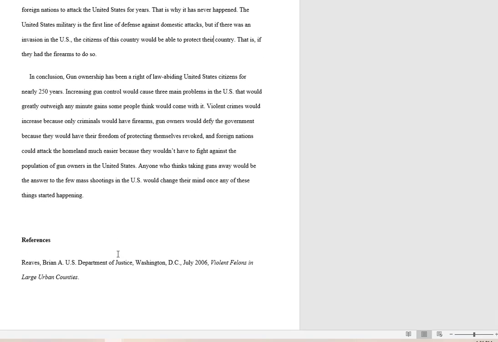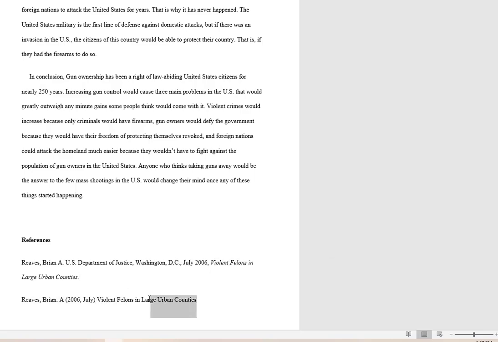Then your references: you put in the author name, then you put in the article name. Actually, here, it should be more like Reeves, Brian A., 2006, July. Then you put in Violent Felons in Large Urban Counties, and he did it correctly, in which he did italicize it correctly.